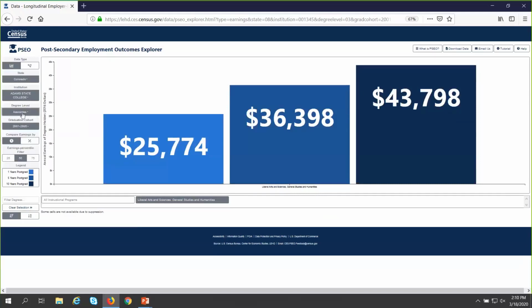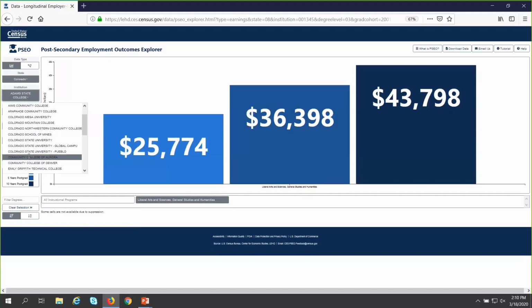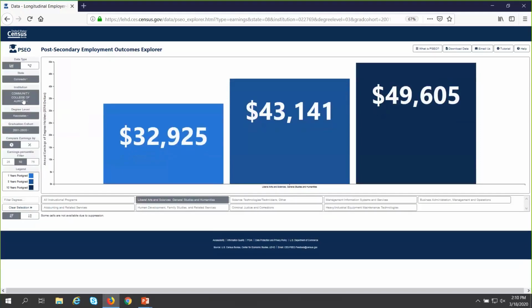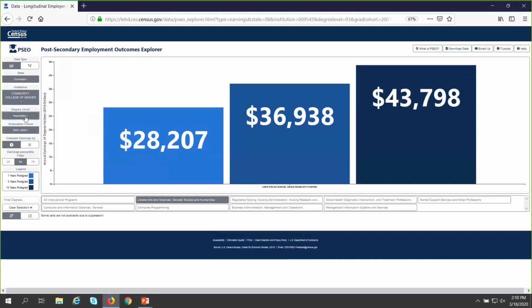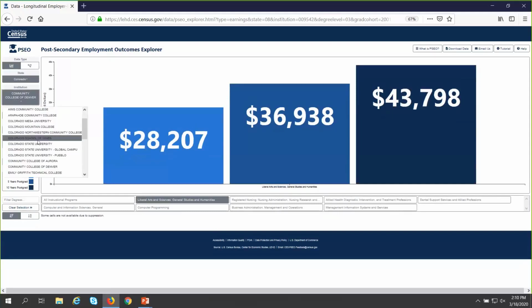Maybe it's Community College of Aurora. There are a number of institutions in here that have certificates as well. For the life of me, I can't find one right now, which of course would happen.